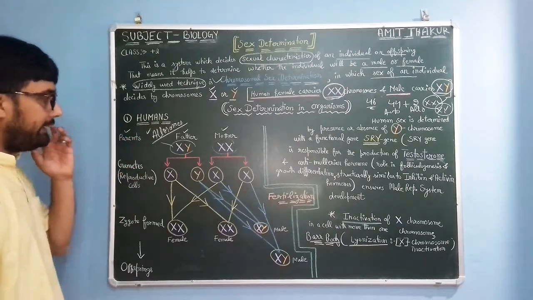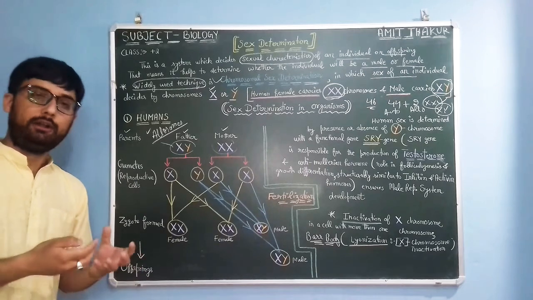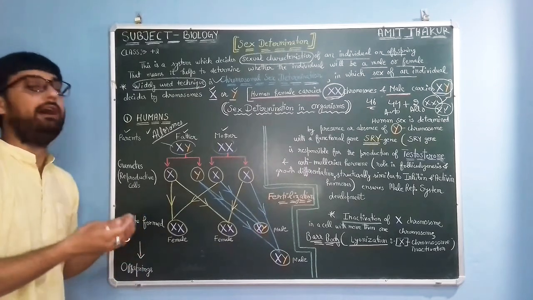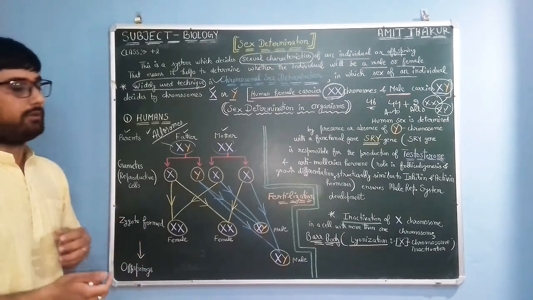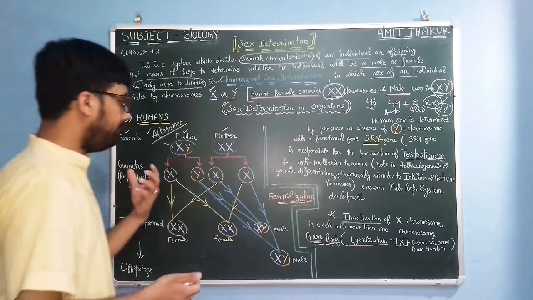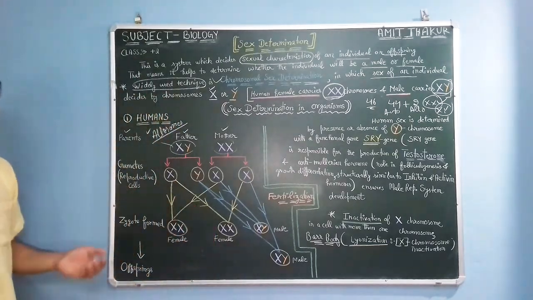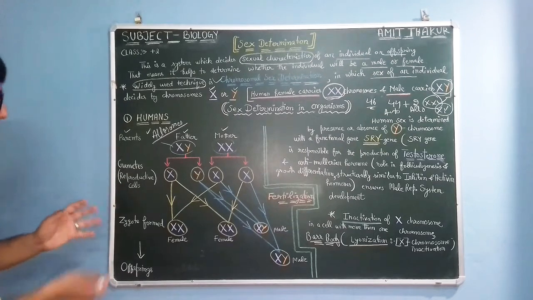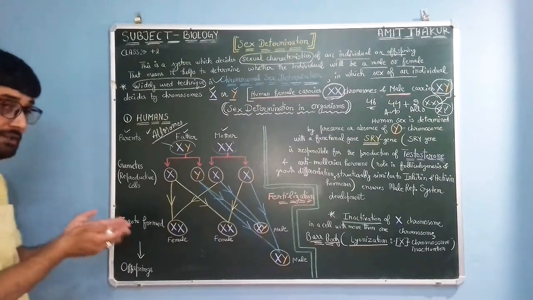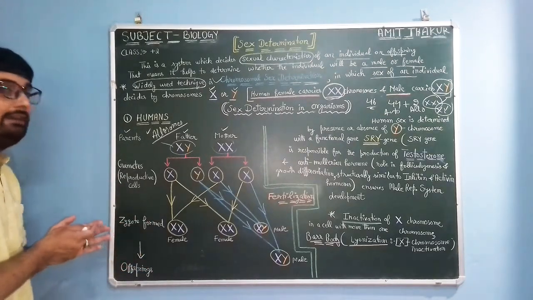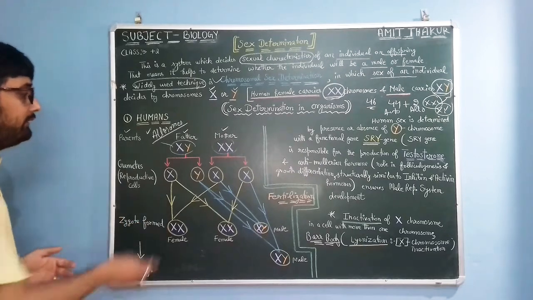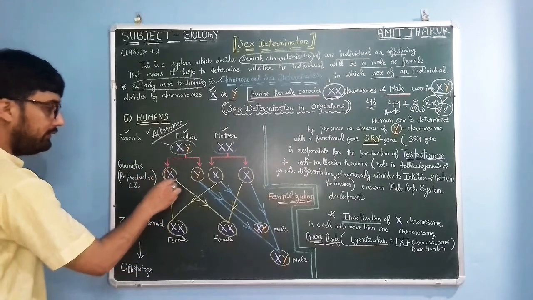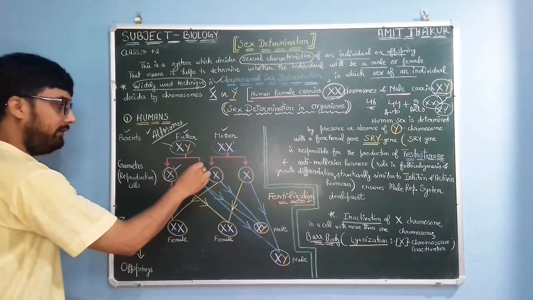When the gametes, the reproductive cells, are formed after meiosis or meiotic division takes place, the reduction division takes place and the separation happens, or you can say the segregation takes place. There is one X chromosome, one Y chromosome.